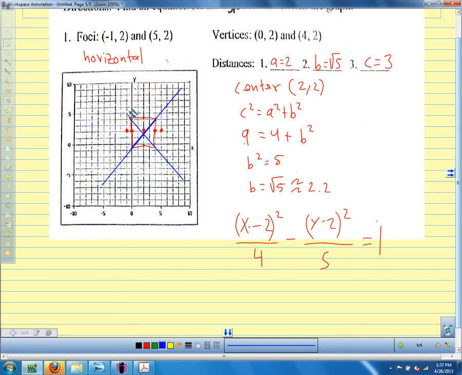And the size of the box tells us how wide our hyperbola is going to be. And then I'm just going to sketch the hyperbola between those asymptotes.